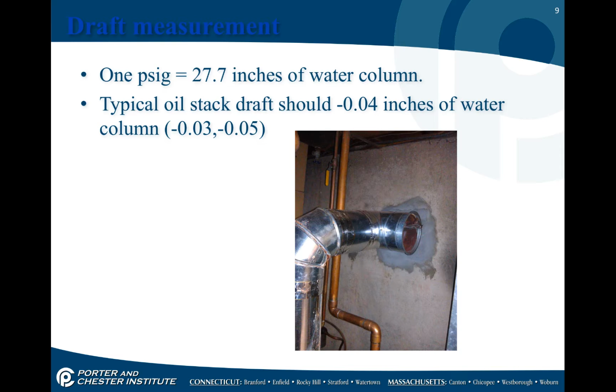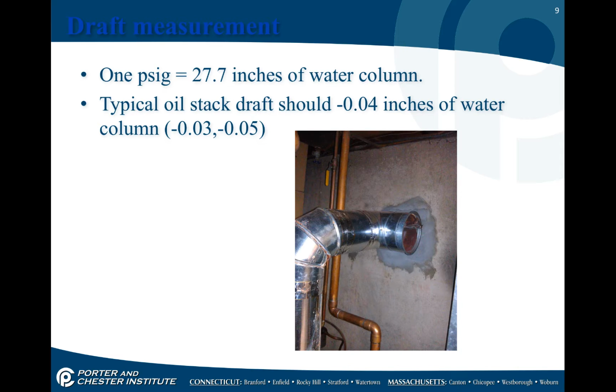It's a number you need to know. Typical oil draft should be a negative 0.04 to a negative 0.05. Sometimes you'll take a 0.02, but you don't want to go there. Again, negative is because the inside of the flue pipe is at a vacuum compared to the outside room.